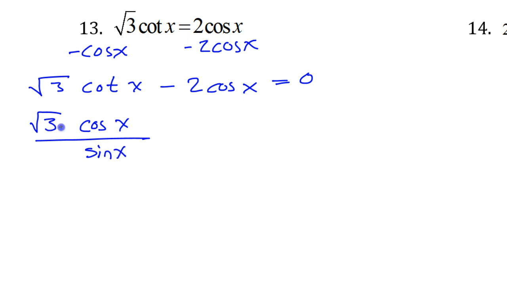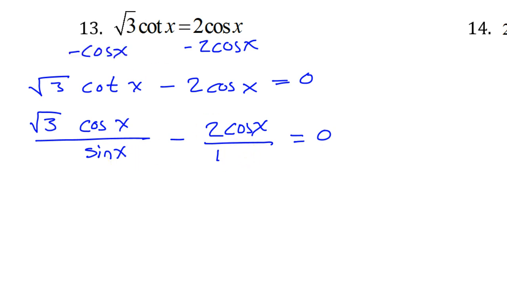And I'll just go ahead and put the radical 3 in the numerator. And then meanwhile over here I have minus 2 cosine x. And I'll just put that over 1 just for fun. And that equals 0.